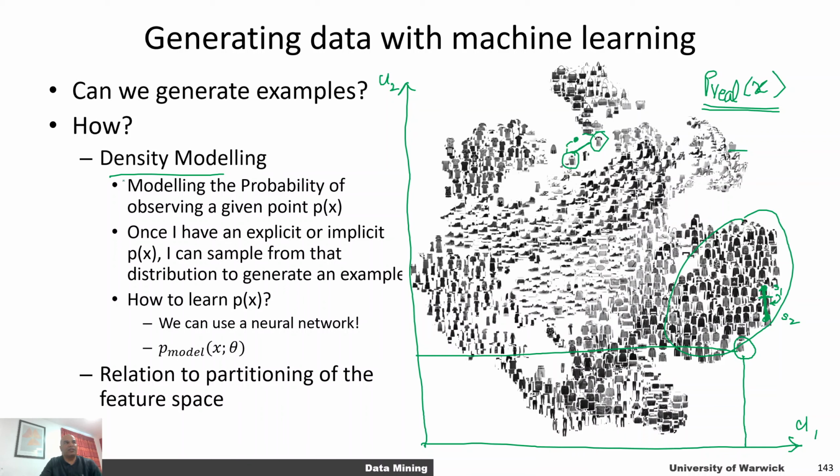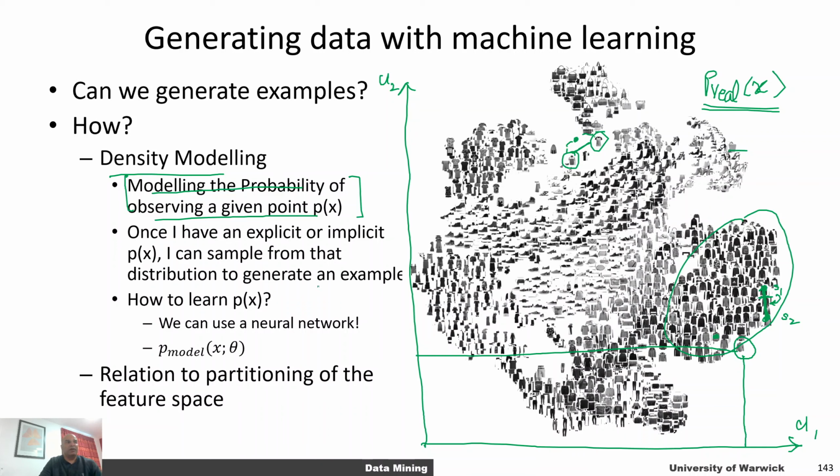So this density, the real world density, actually models the probability of observing a given point x. So what is the probability that an example in my dataset would lie over here? That's what we model when we talk about probability density. What are the chances that an outcome that I'm going to have comes out to be heads?